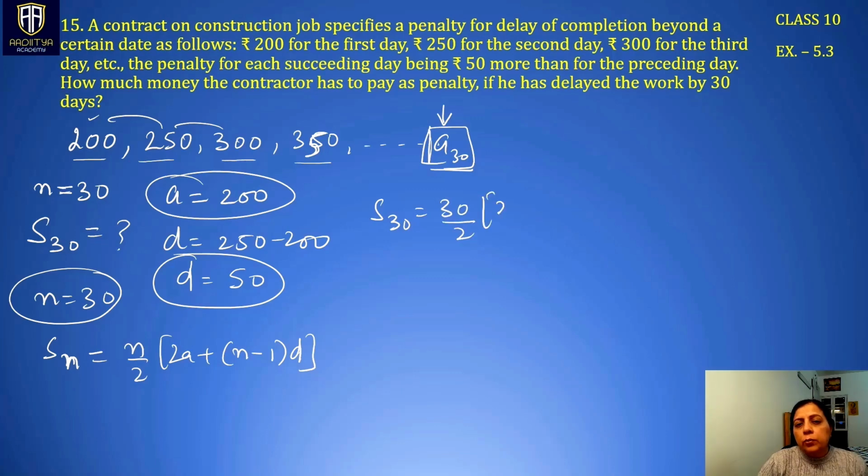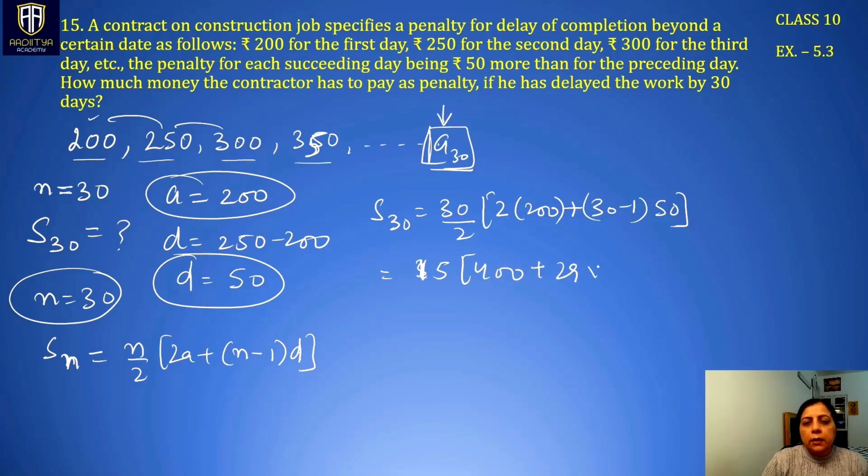30 by 2, 2 times a is 200, plus n minus 1, n minus 1 is 30 minus 1 times d, which is 50. So here we get 15, 30 divided by 2 is 15, 200 multiplied by 2 is 400, plus 29 times 50, right?